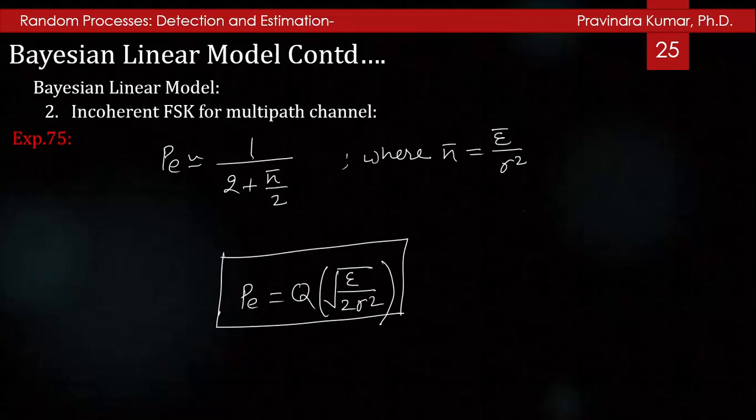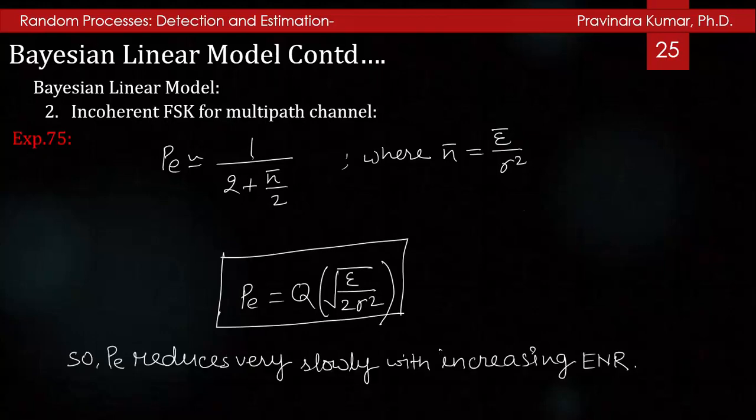You can say that the probability of error reduces very slowly with increasing energy to noise ratio. In many communication systems, this high error rate is unacceptable. To reduce it, we must use diversity techniques like frequency diversity, time diversity, etc.